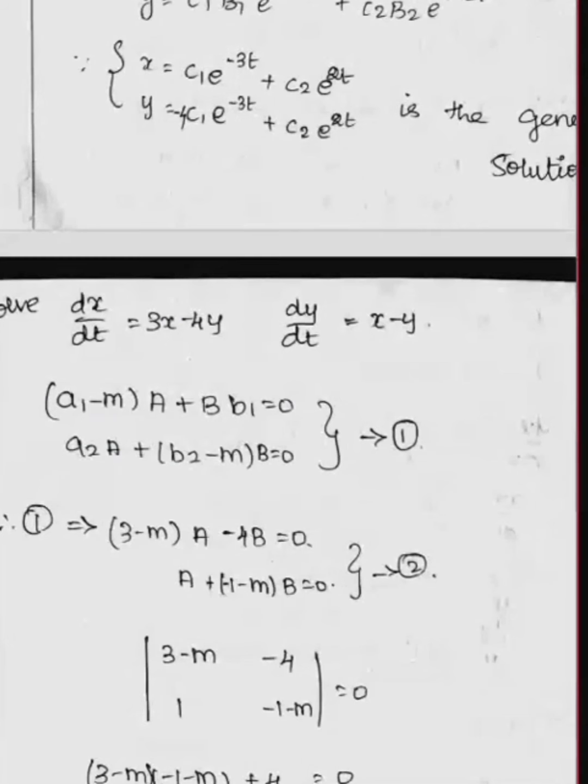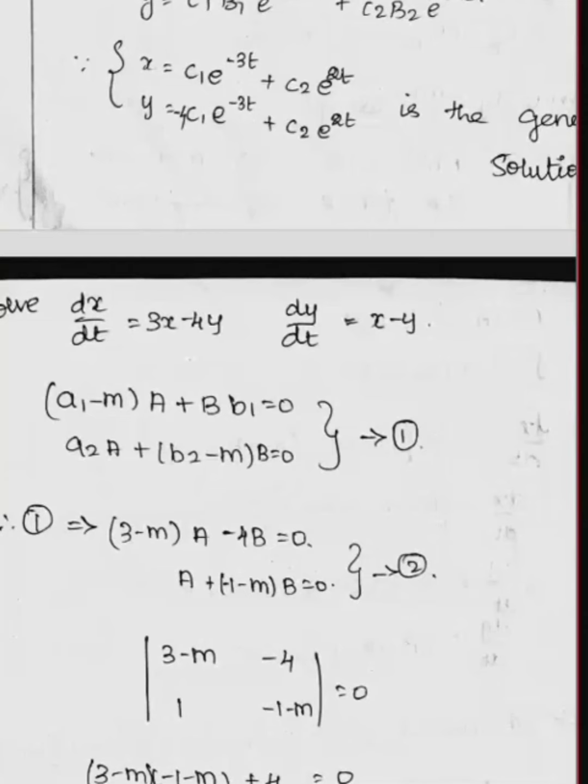The coefficient of a is 3 minus m and the other coefficient is 1. Similarly, the coefficient of b is minus 4 and minus 1 minus m. Taking the determinant: (3 minus m) into (minus 1 minus m), and minus of minus 4 is plus 4.